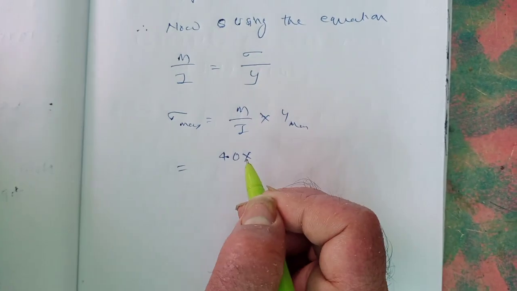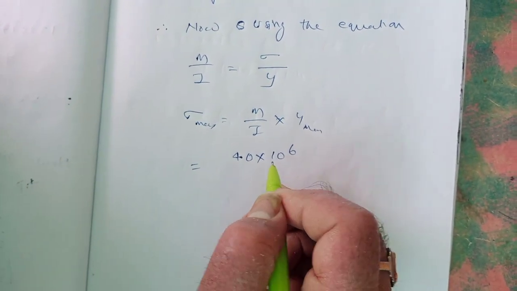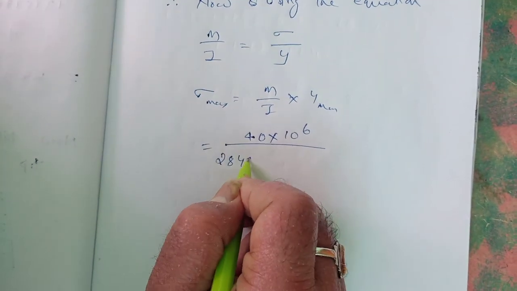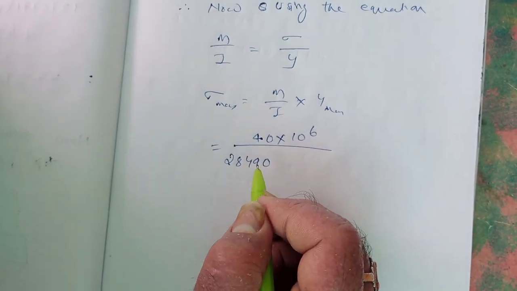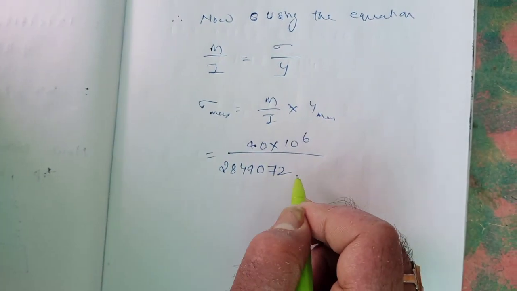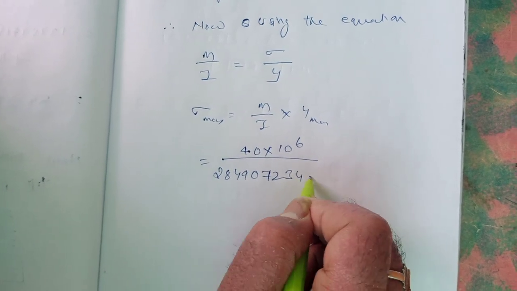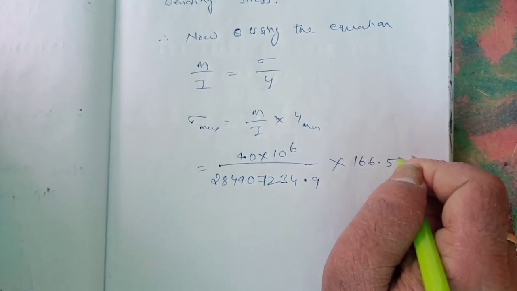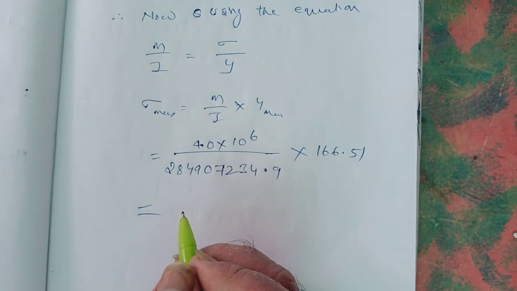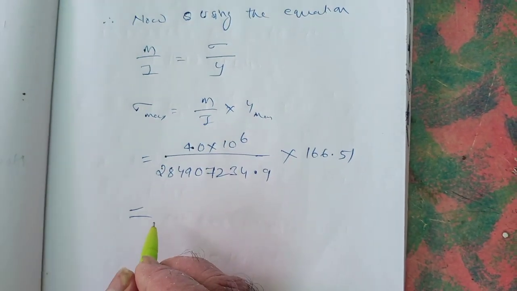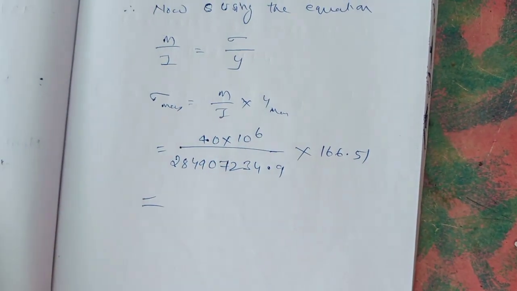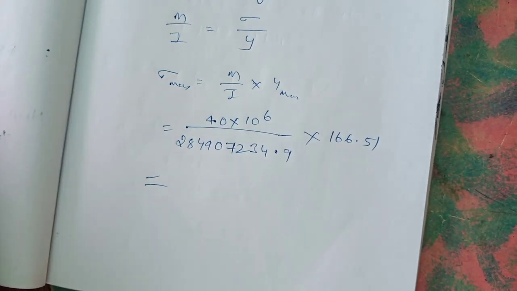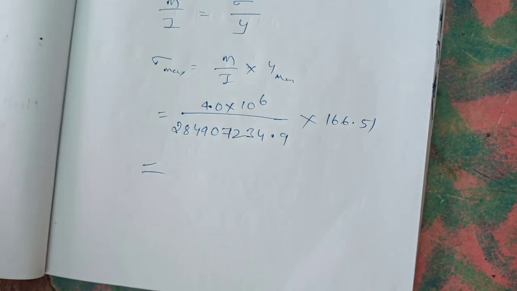That is 40 into 10 to the power of 6 divided by 2849 7234.9, into 166.51.